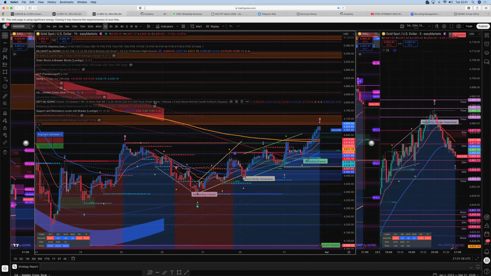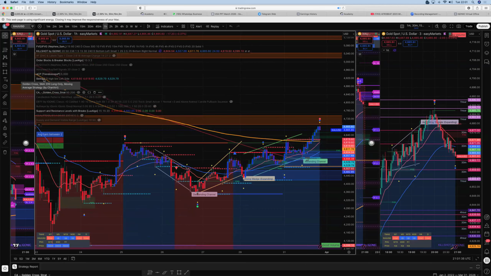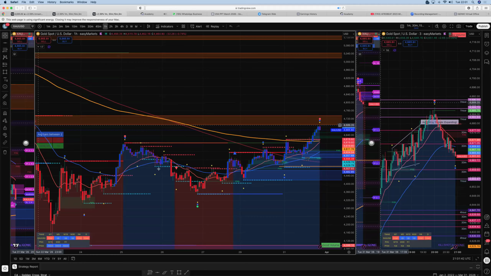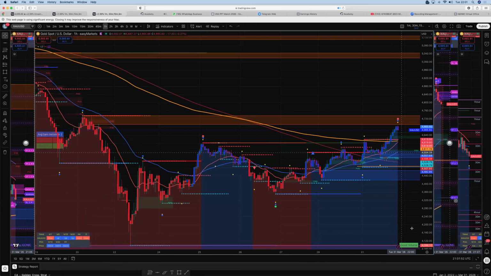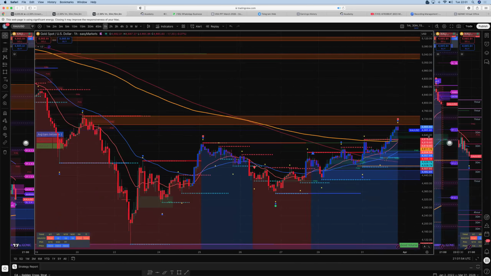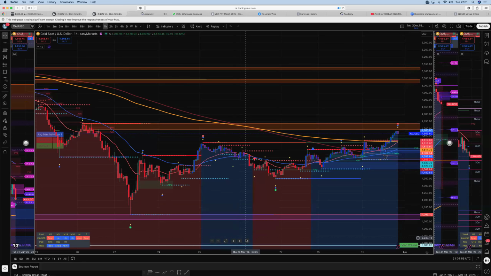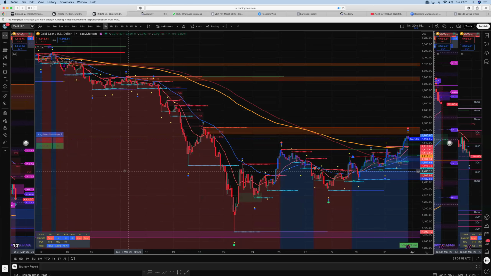So let's hide, and let's keep the rest. So this is all I'm looking at the start, okay? Not looking at the lines. I'm not looking at anything else. I'm looking at areas of interest. Where has market been multiple times?